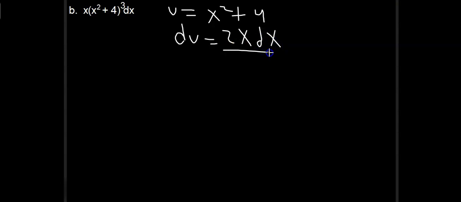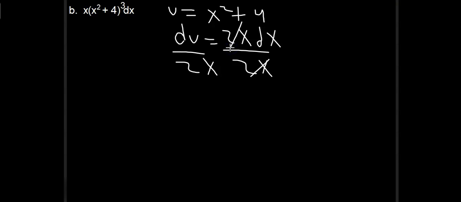I say u is equal to x squared plus 4, and I'm going to find the value of dx. So du is equal to 2x dx, since the 4 is constant, and dividing by 2x, my dx value will be du over 2x.